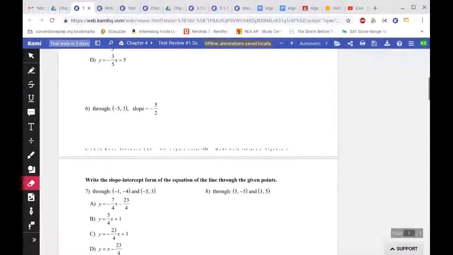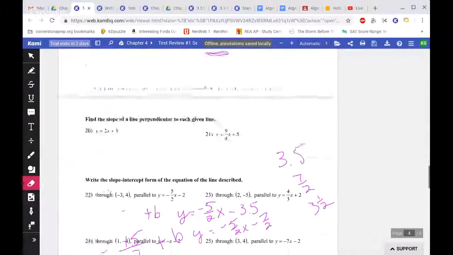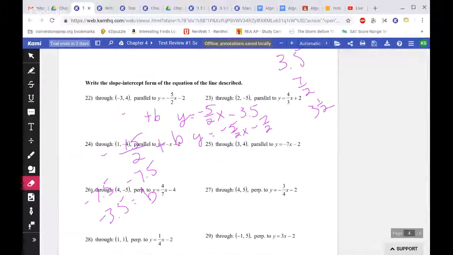But the slope is actually given in the equation, and you have to manipulate it. If it's parallel, you know it's the same slope. And if it's perpendicular, it's the opposite reciprocal.